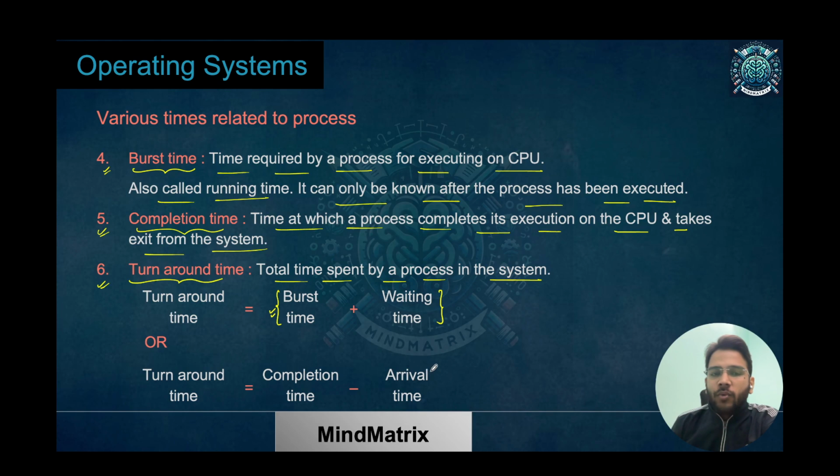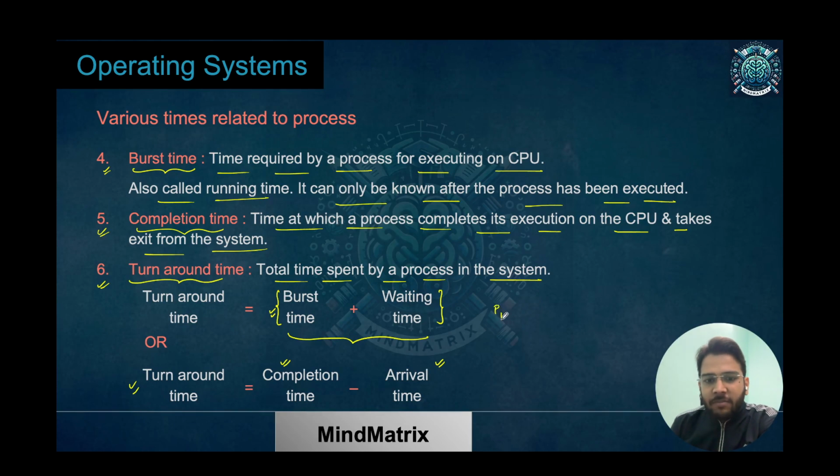So turnaround time is nothing but the addition of burst time and waiting time of the process. Turnaround time is your duration. We can also say turnaround time is nothing but completion time minus arrival time, because in between these two, either your process will be executing or your process will be waiting. Clear? So we can also understand it in this way.